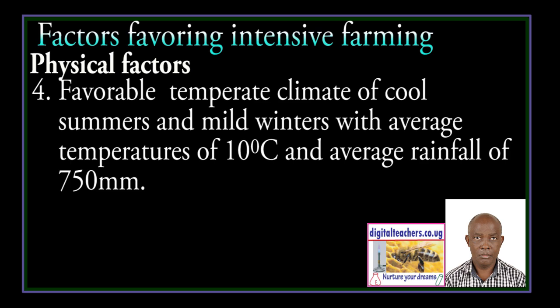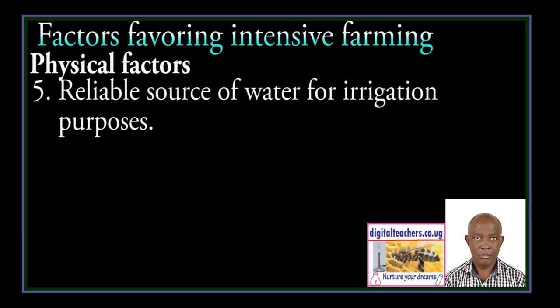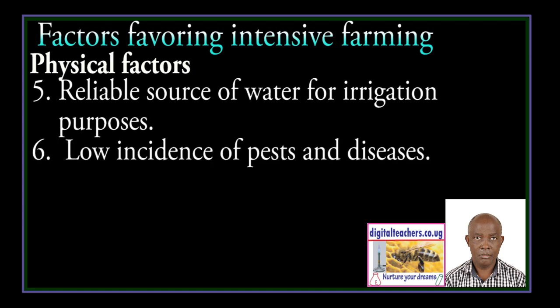Favorable climate of cool summers and mild winters with average temperatures of 10 degrees Celsius and average rainfall of 750 millimeters. Reliable sources of water for irrigation purposes. Low incidence of pests and diseases.